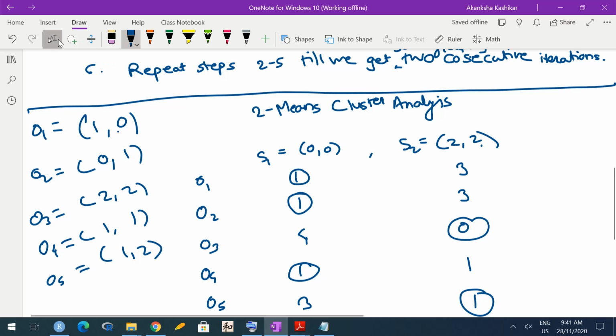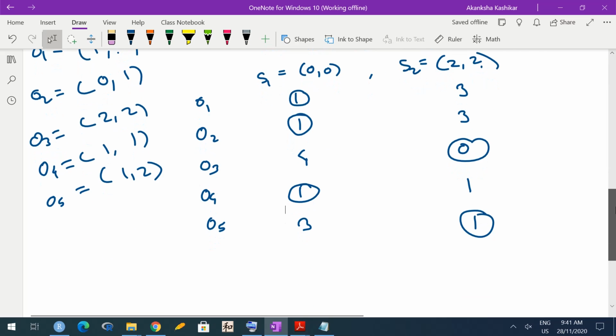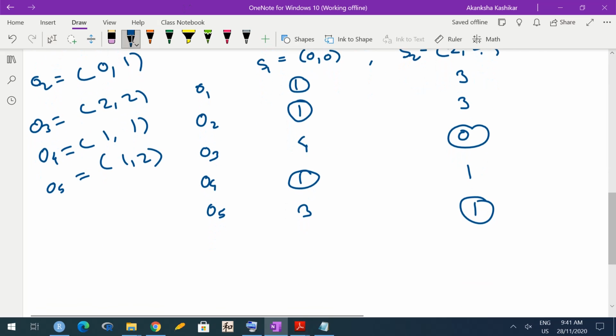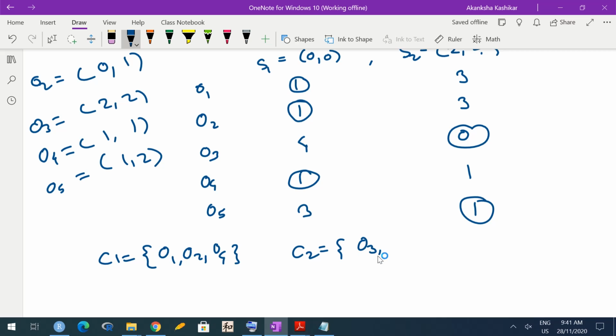Okay. So now at this stage, at the first step, my clusters are: cluster 1 is O1, O2, O4, and cluster 2 is O3, O5. Okay. Now I have to compute revised seeds. So seed 1 is the mean of cluster 1.